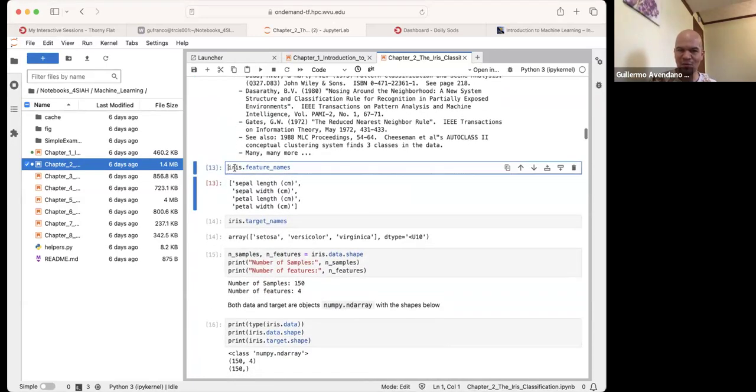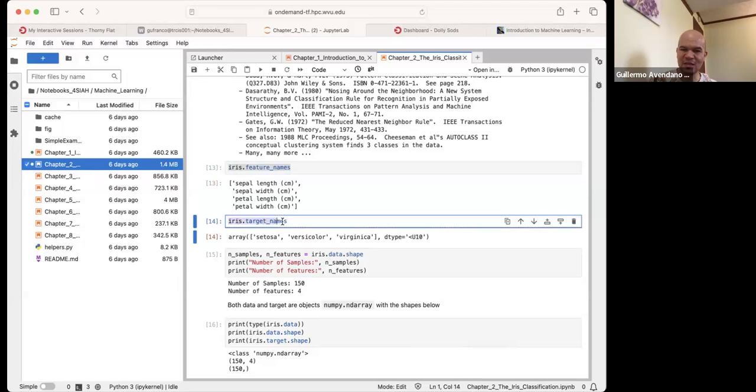Here we ask for the names of the features. So this is a data frame, and those are the names of the columns that we have. What we have as the target names: we have 3.